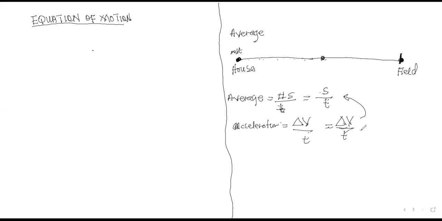So if I want to calculate how you accelerated, it is the change between your final speed and your initial speed. The final speed is the speed you ended the journey with. The initial speed, since you took off from rest, was 0. Then divide by the time interval. So this is acceleration.